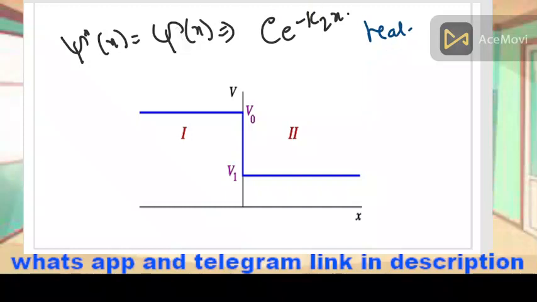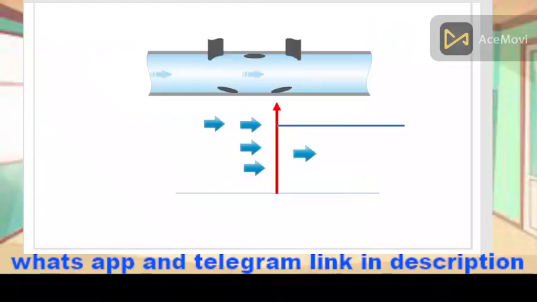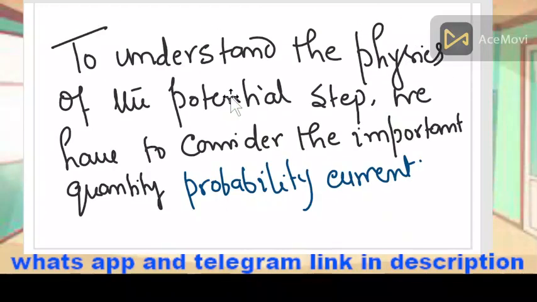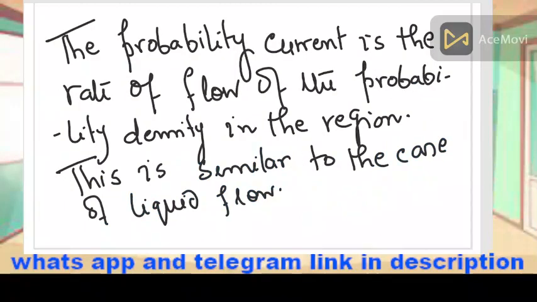Now to understand the physics of what is going on, the concept we need is the probability current. Whenever we use the word current, it shows some kind of flow. Net charge flowing per unit time is electric current.